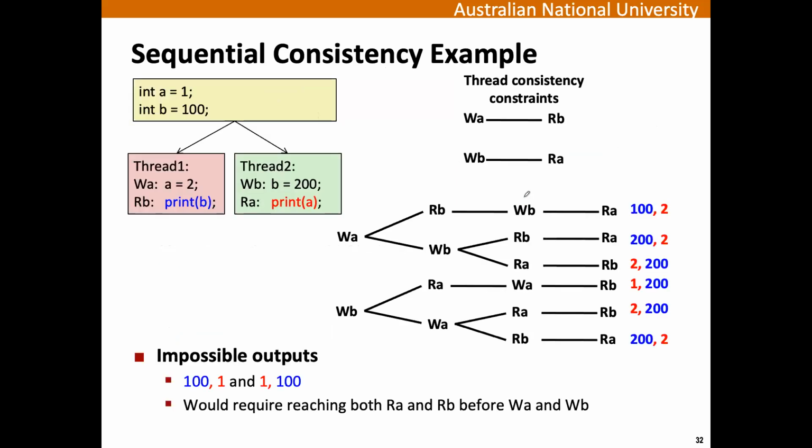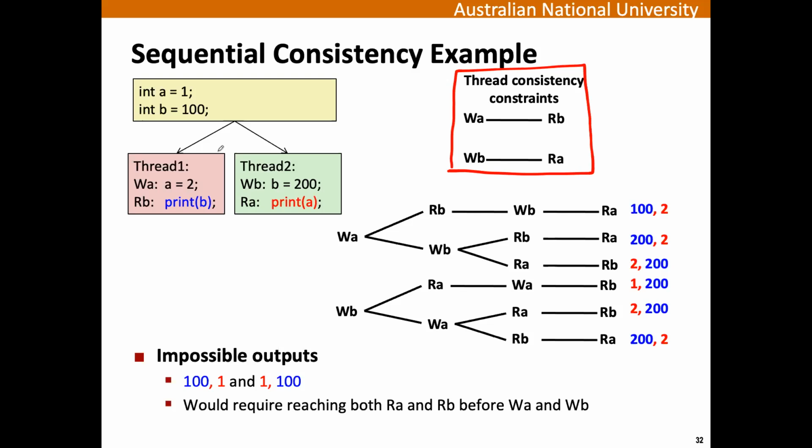So the way we do this is, these are our constraints within a single thread. We must not violate these constraints. Other than that, there could be arbitrary interleaving of instructions from the two threads. So that leaves us with a few possible outcomes.